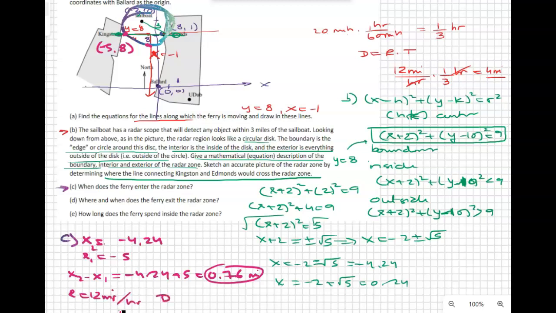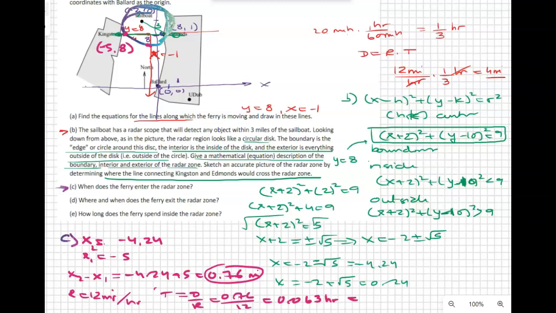The time is going to be distance over rate, so 0.76 divided by 12 is 0.063 hours.